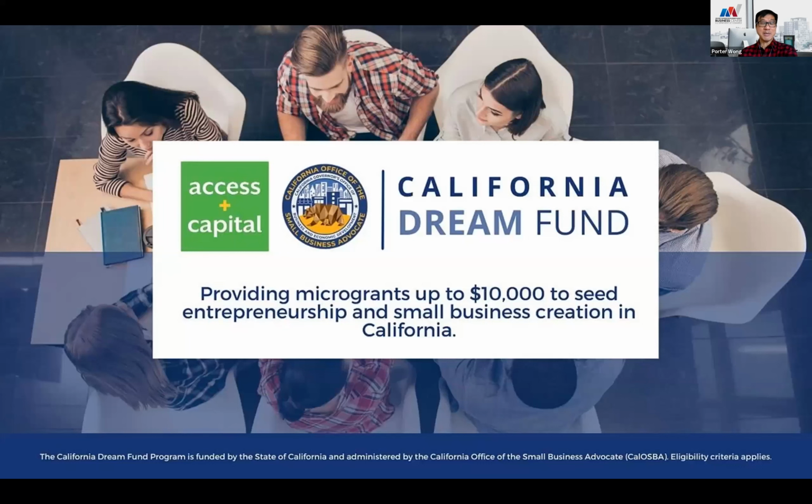And since we're talking about grants, for those of you who are not aware of the new programs that happened just within the last month or so, there were two programs.